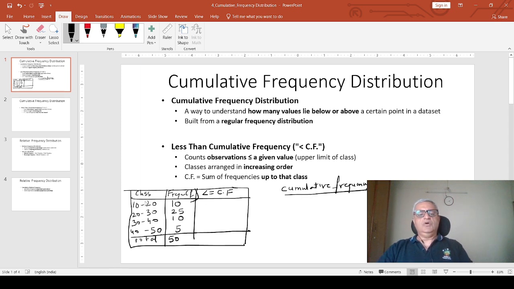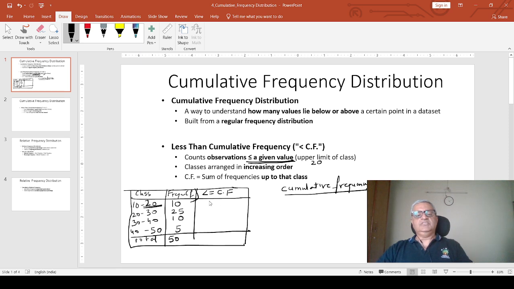So how should you calculate this less than or equal to CF? Whenever you are given less than or equal to CF, take the upper limit of the class and ask a question: how many data points are less than or equal to 20? 20 is my upper limit for the first class.